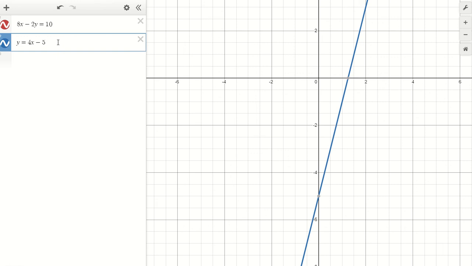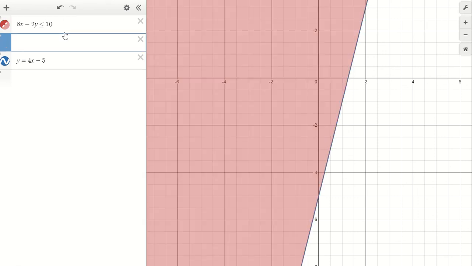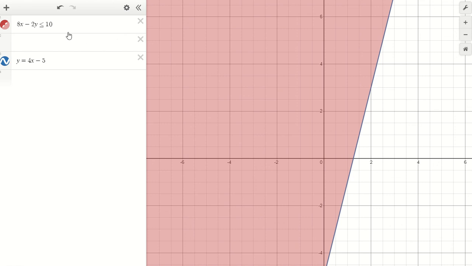But then we were looking at the inequality. The original inequality we had was less than or equal to 10, and you can see that it has shaded everything above. Now I want to point this out because I'm good with shortcuts, and I'll talk about more in the coming days. Please notice that we're seeing the less than symbol in this problem.